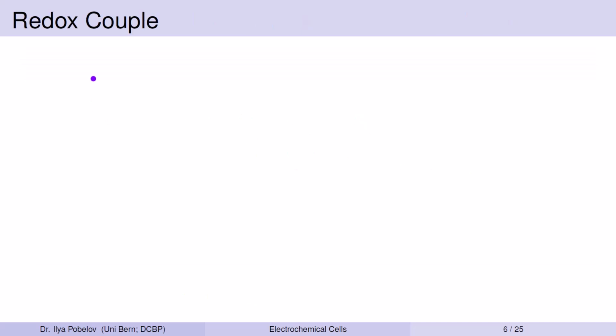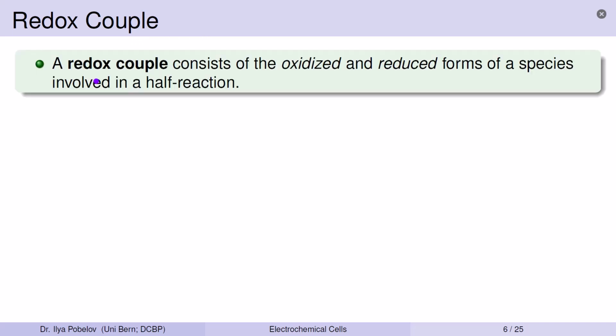Now we will introduce the concept of a redox couple. A redox couple consists of the oxidized and reduced forms of a species involved in a half reaction. We denote a redox couple as Ox/Red, and its corresponding reduction half reaction is written as shown here.